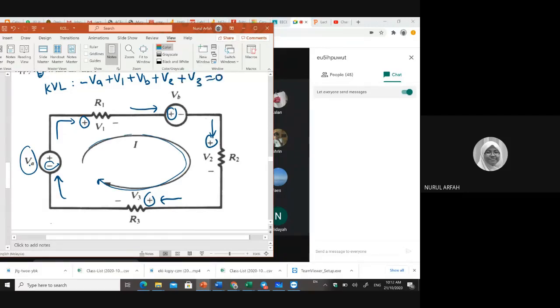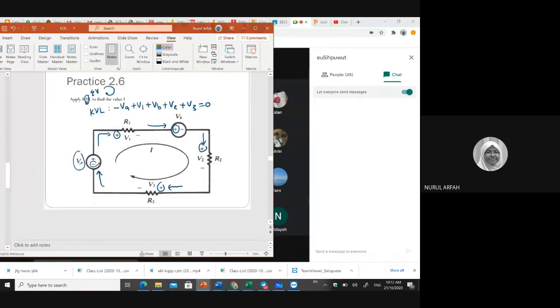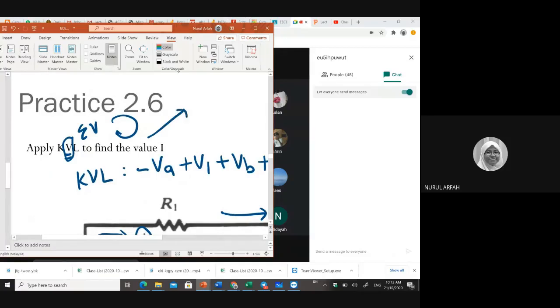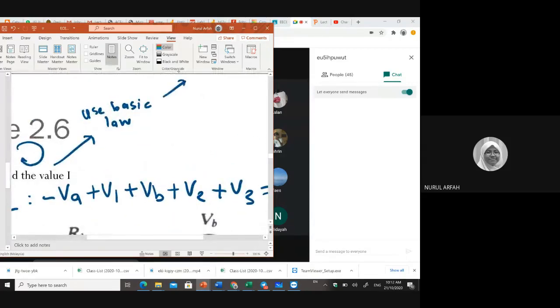But the question asks you to find I. Where is I? In the middle here. So how to find I? If this is this type of question, usually use basic law. So what basic laws can you apply? Ohm's law.